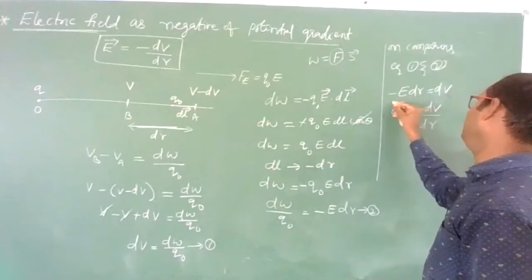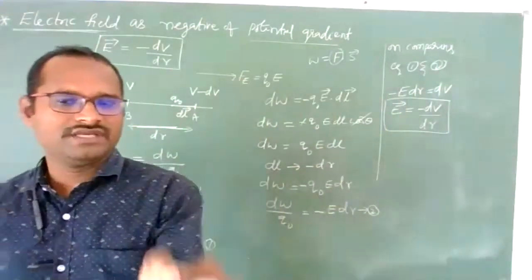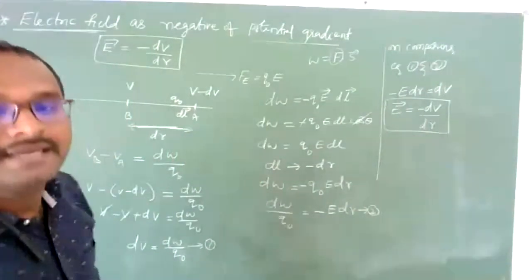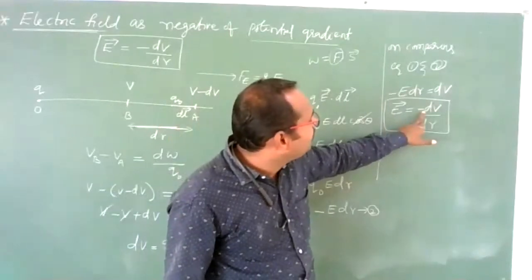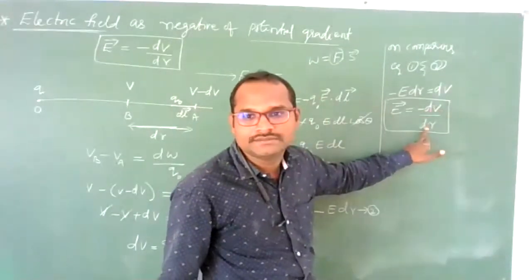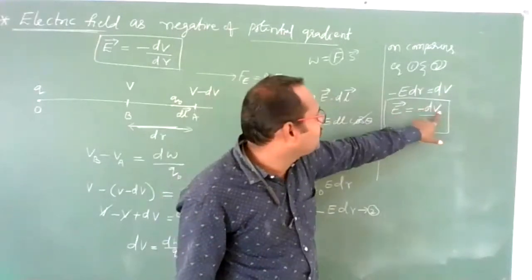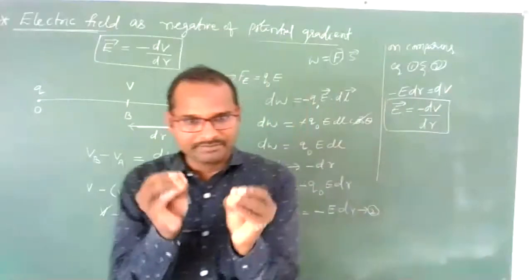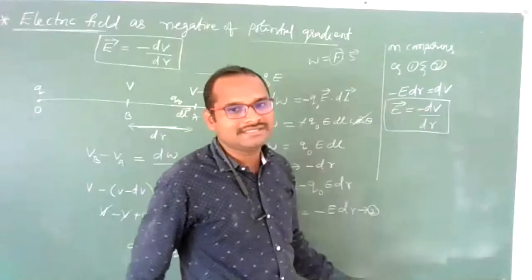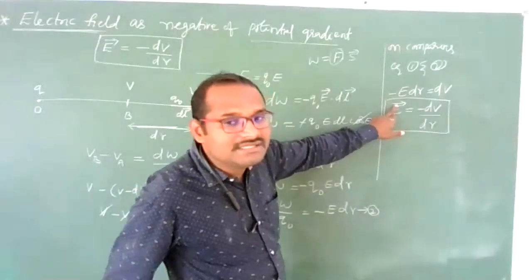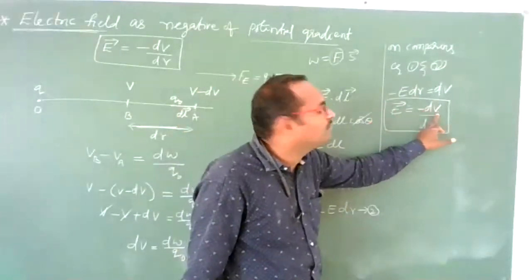Yes, E is the electric field. Very important result. You need to remember this. Electric field is equal to negative of potential gradient. The meaning of negative sign here is that electric field is in the direction of decrease of potential.